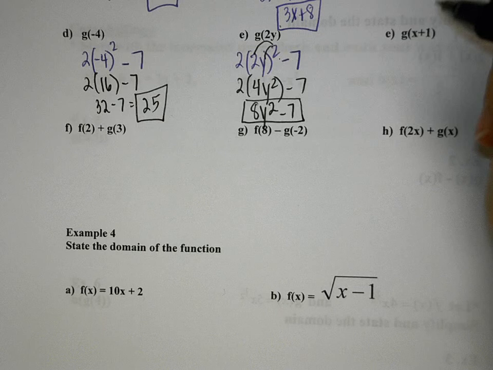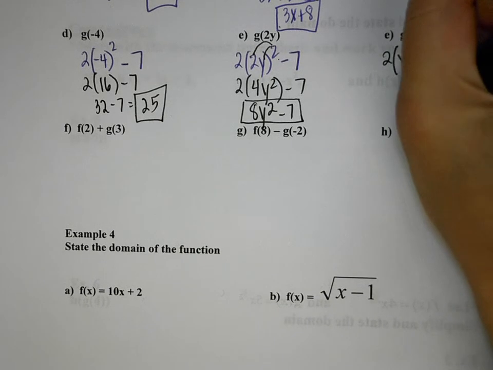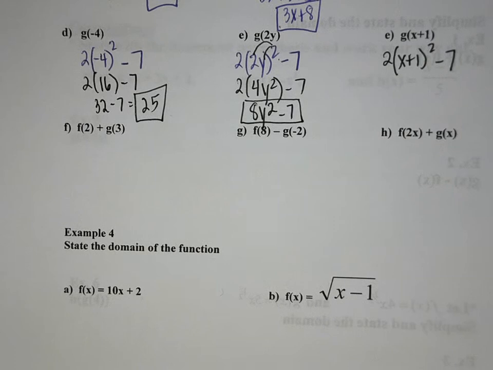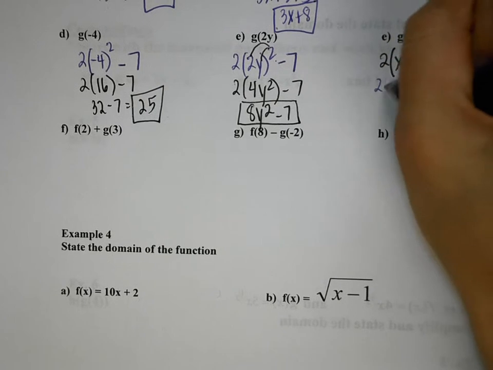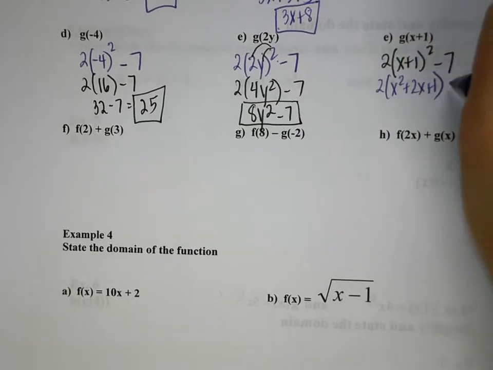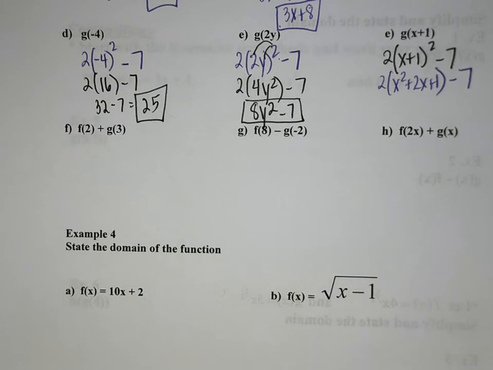G. We have 2 parenthesis x plus 1 squared minus 7. How are we going to simplify this problem? Box or FOIL? Okay? For time's sake, I'm just going to tell you that when you end up getting it, it's going to be x squared plus 2x plus 1. And then we have minus 7.